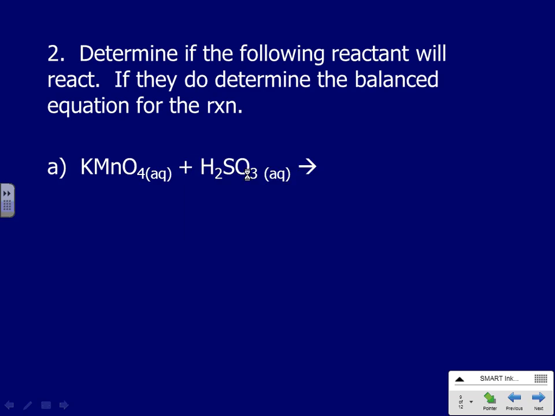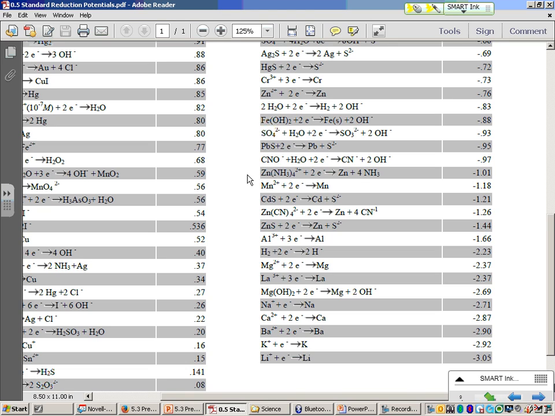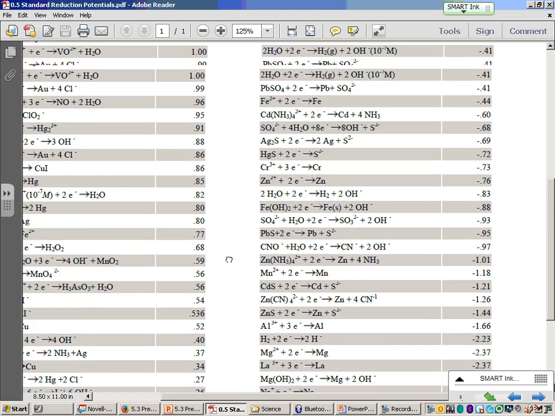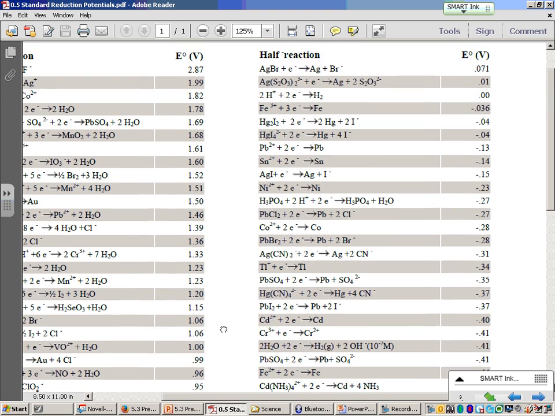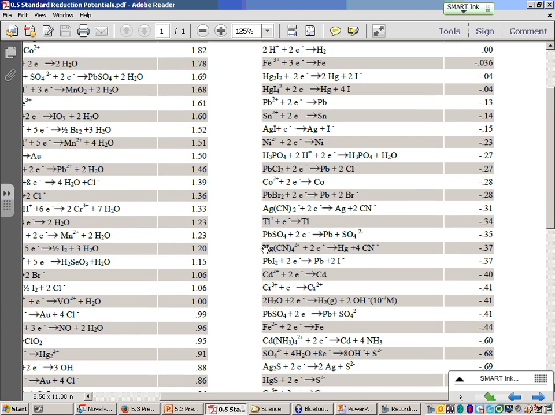Because if you take a look at your page, I don't know if you've spotted it, but water is in here as well. Let me find one of the versions for water. Where is it? It's in here somewhere. Where's the water? Right here. Look at here. Water can gain 2 electrons, be reduced, and become H2 and produce some OHs.